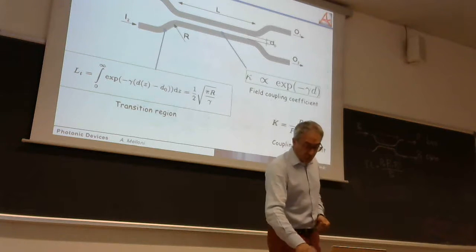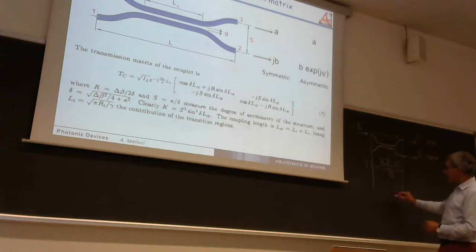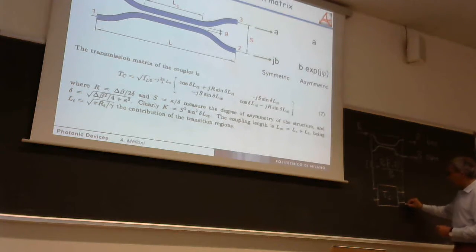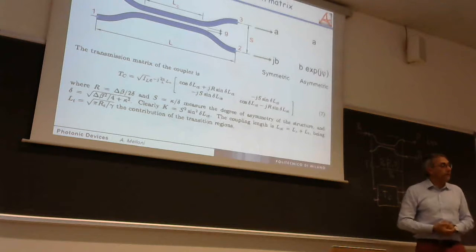What else? Then we introduced the transmission matrix of the coupler. This is very useful because you describe this object just with a matrix with 2 inputs and 2 outputs. So you summarize the entire electromagnetic behavior of the coupler in just one matrix that relates the output complex amplitude of the field to the input complex amplitude of the field.